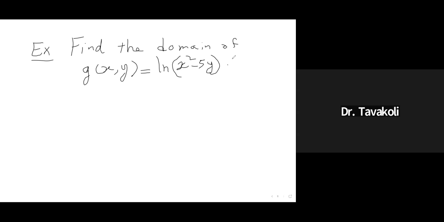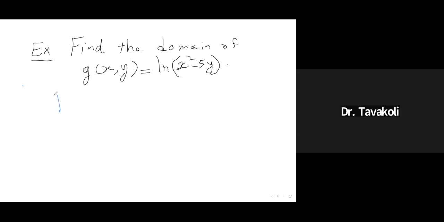So we should be careful that ln, or in general logarithms, make sense for positives. So the only condition that we need to impose on this function is that x squared minus 5y is positive.